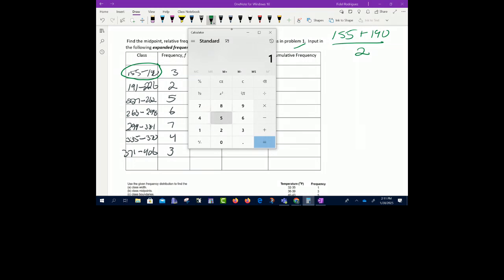We're really finding the average, the number in the middle of those two, okay? So look, y'all, I'm not doing anything out of the ordinary. 155, let's add 190 to it. 345, let's divide this guy by 2, 172.5. So y'all, right here, I'm going to write 172.5, okay?